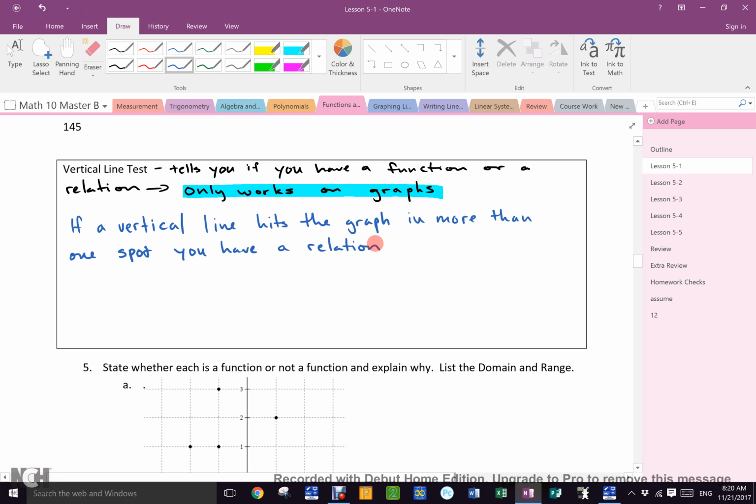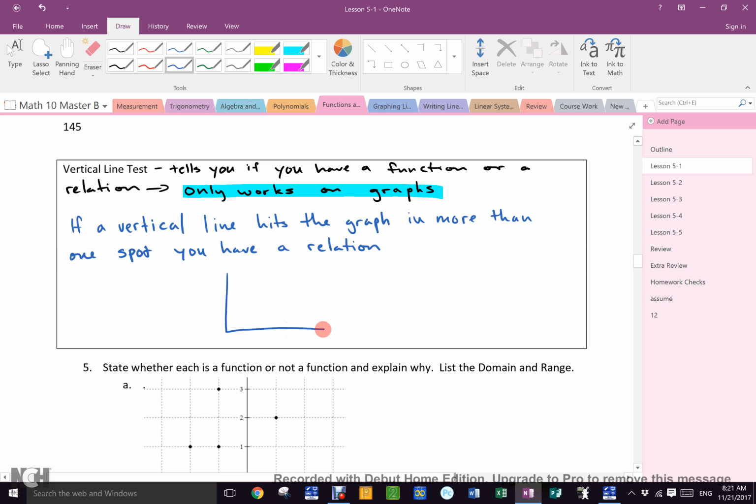And that makes sense, right? Because the vertical line is the y values, yeah? And the y values are the range, the y values are the output. So if a vertical line hits two spots on the graph, that means wherever you are on the x, you have two outputs, and that's no good. Everybody with me?